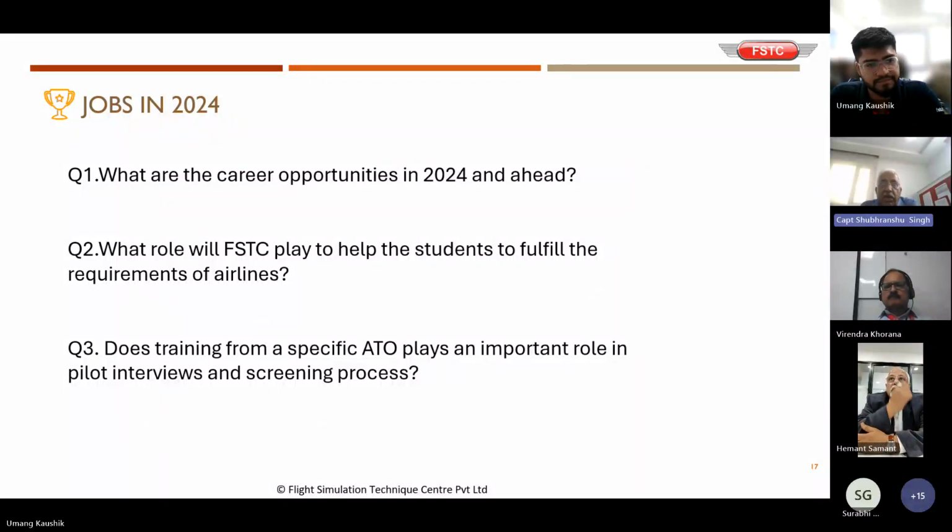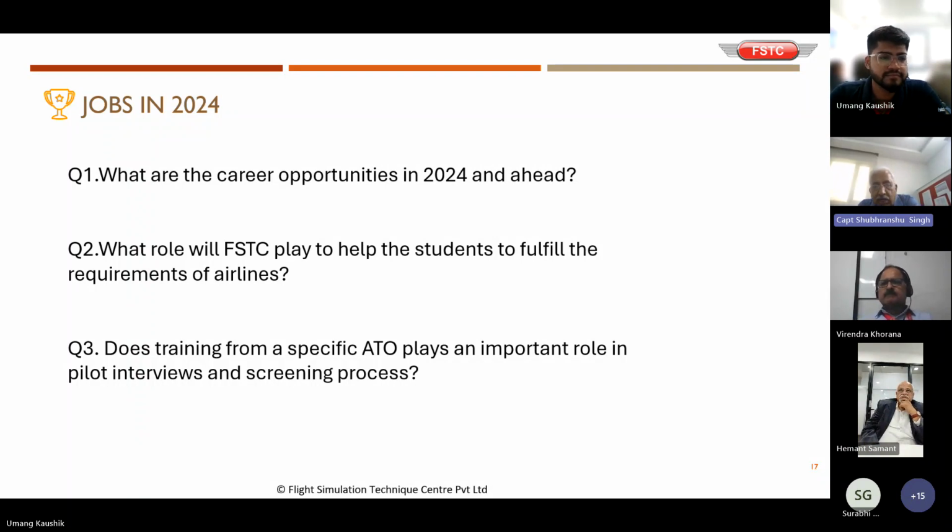Vistara is sending them back to us because some additional training has to be done, and they've chosen FSTC again because even Vistara and Indigo feel that we can do their standardization much better than what you get done in the other simulator centers abroad. That is what FSTC is going to do for you.